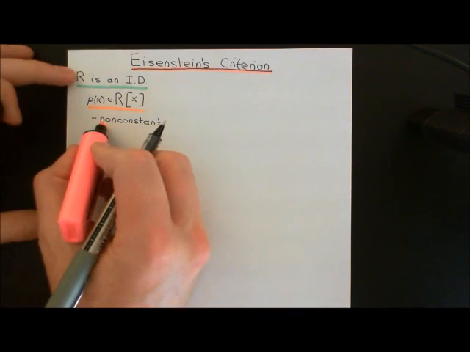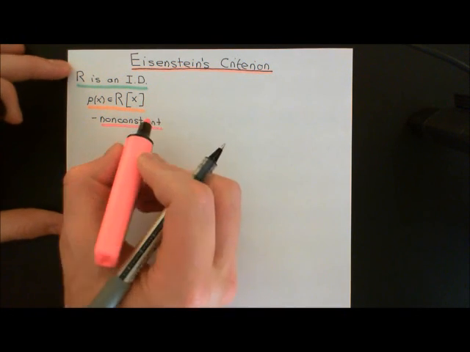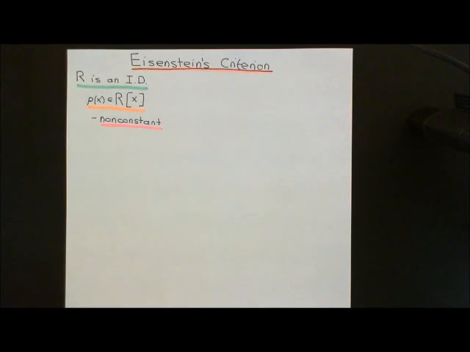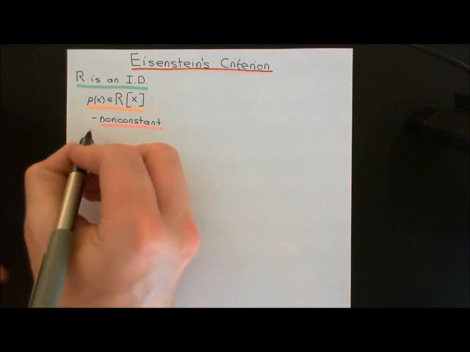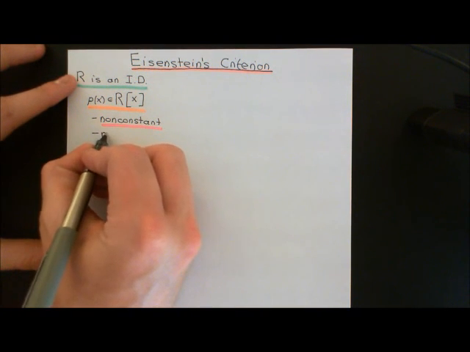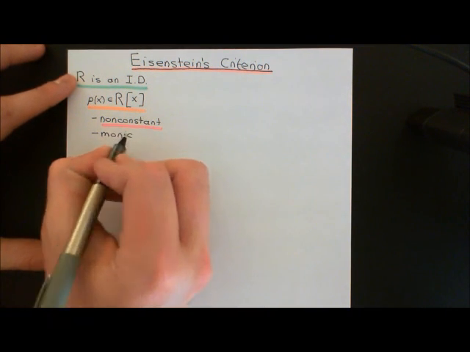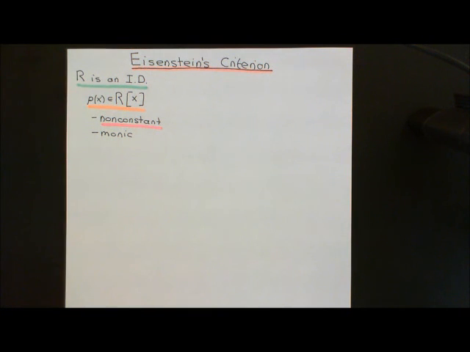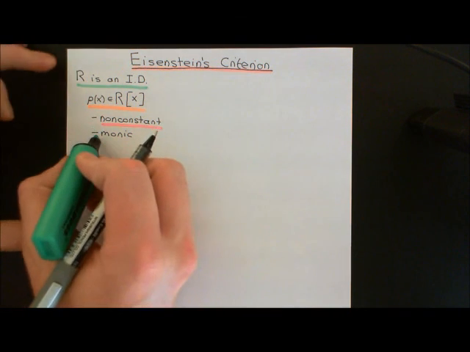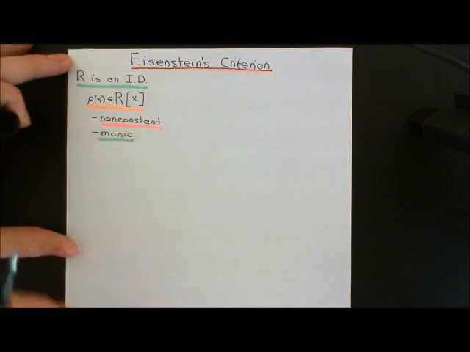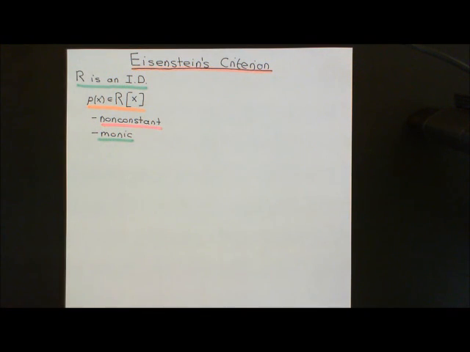And then we also want it to be monic. Remember, monic means that the coefficient in front of the highest power of x has to be 1, the multiplicative identity of our coefficient ring R.